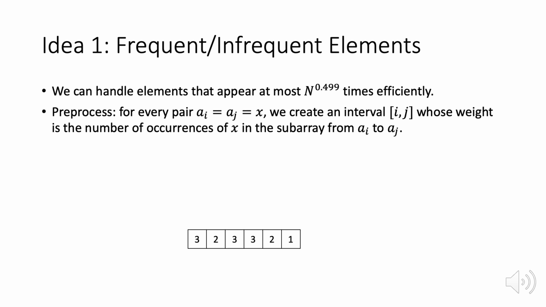To do some pre-processing for infrequent elements, we find all pairs a_i equals a_j equals x and create an interval [i,j] whose weight is the number of occurrences of x in the subarray from a_i to a_j. So for instance, in this example, we first create all length 1 intervals of weight 1, and then there are 3 weight 2 intervals. And finally, there's a single weight 3 interval from the first 3 to the third 3.